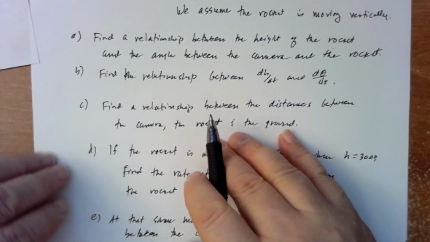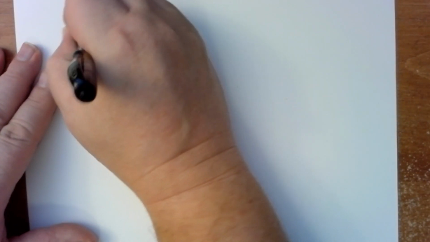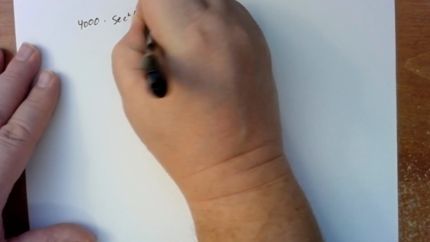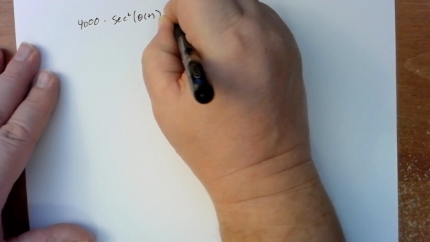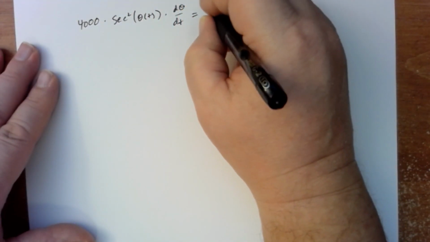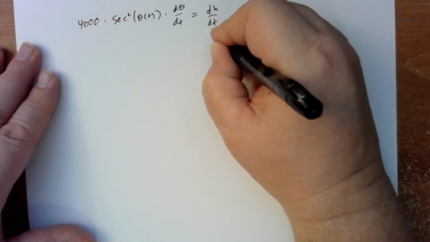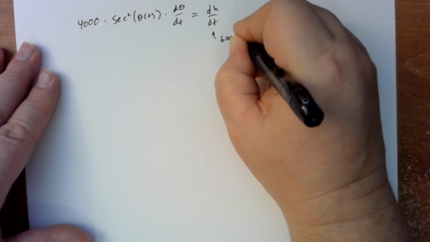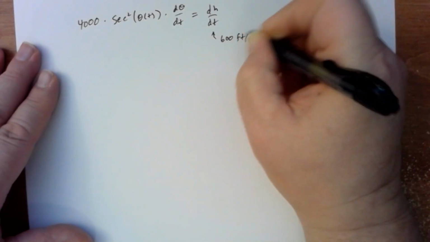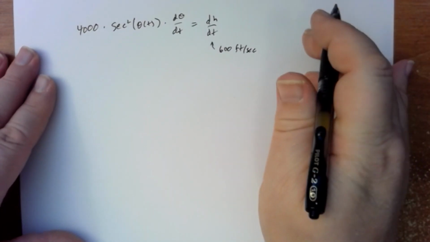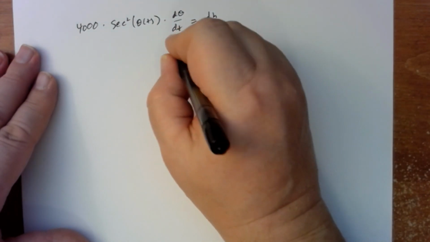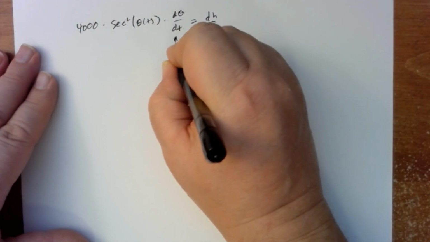Okay, so let's go ahead and write that down. So let's get a new page here. We have 4000 times secant squared of theta of t times d theta over dt is equal to dh over dt. And we were told that dh over dt is 600 feet per second. That's the speed of the rocket. And now we want to find d theta over dt. So this is our unknown.